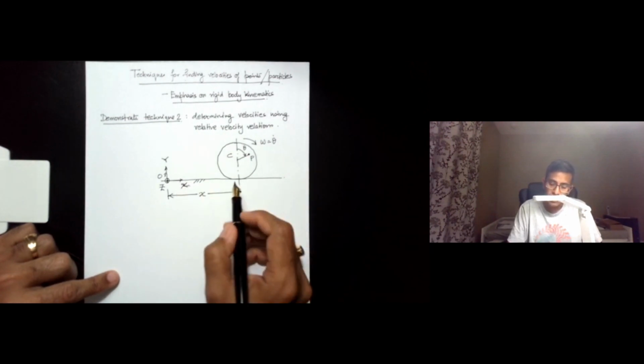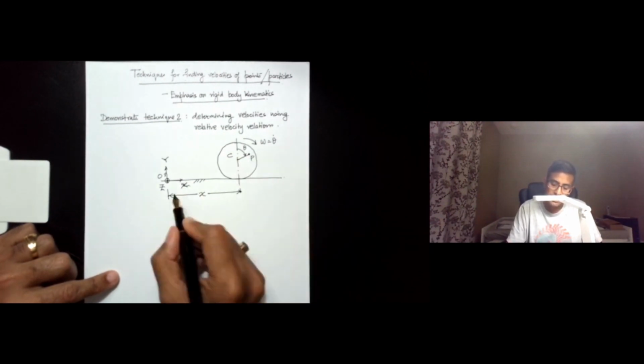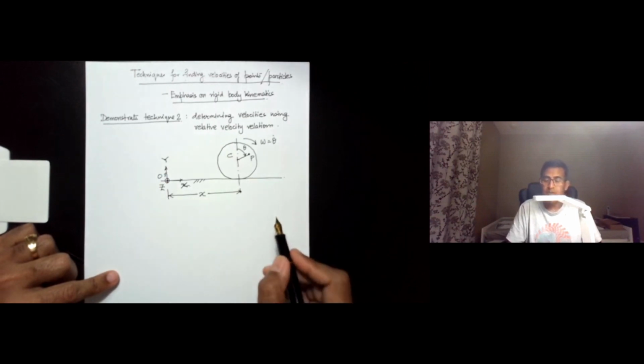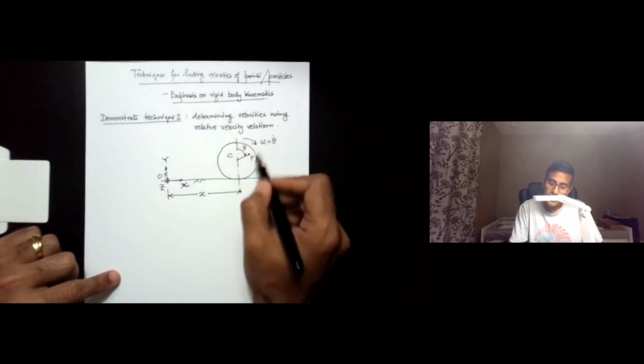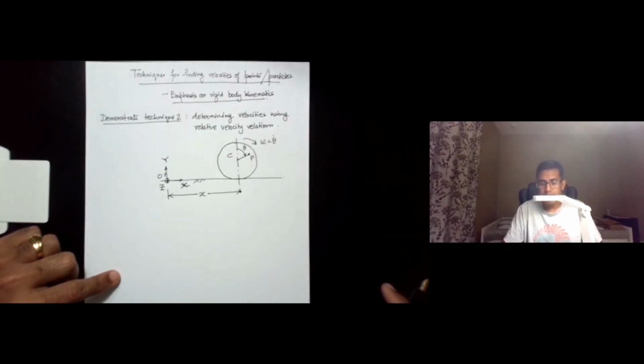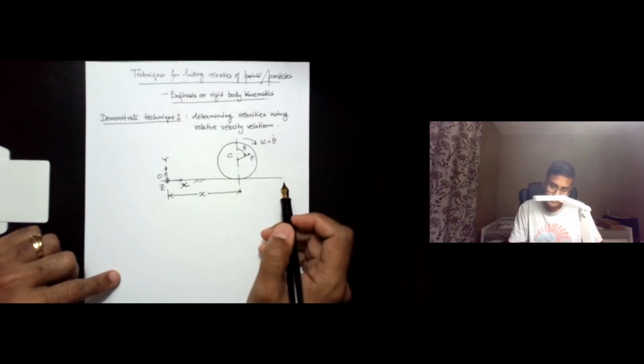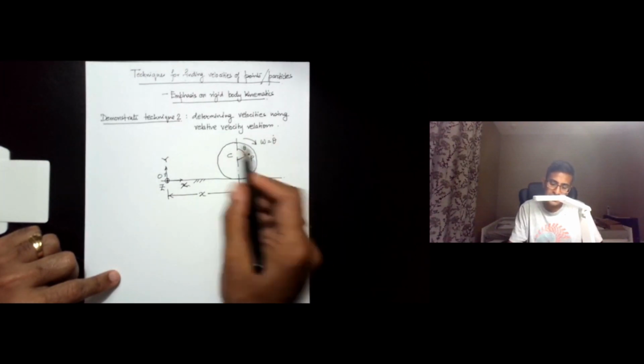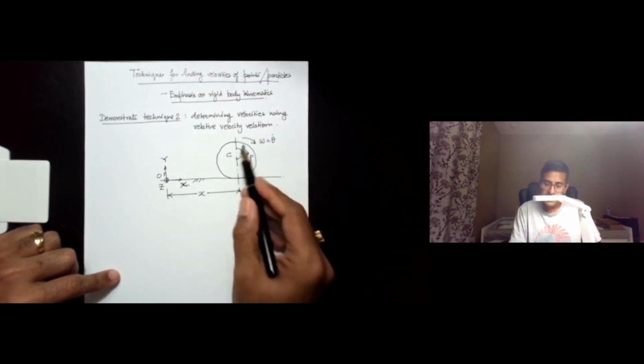But for now, let us assume that the center is at an arbitrary distance x, and the rotational speed is theta dot. And so there are two different coordinates that are needed to completely specify the orientation and location of this disk, and that is x and theta.